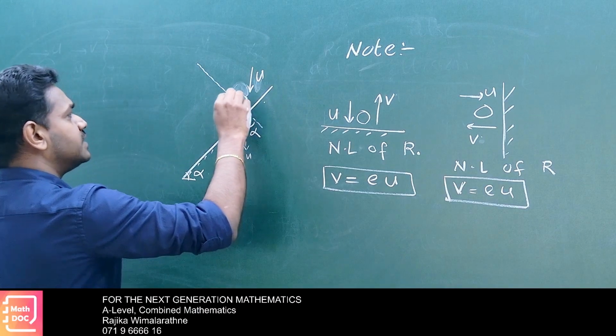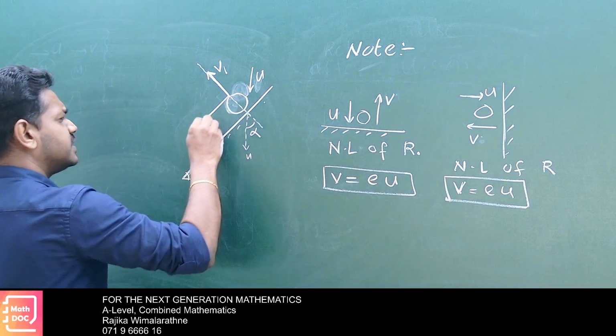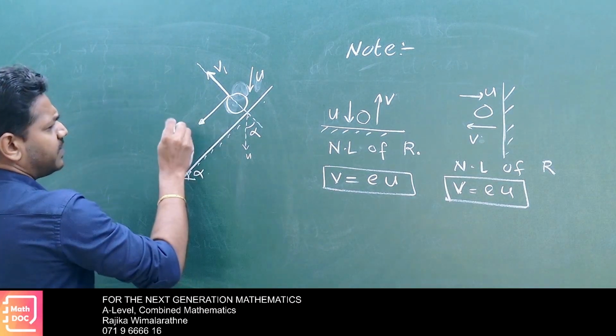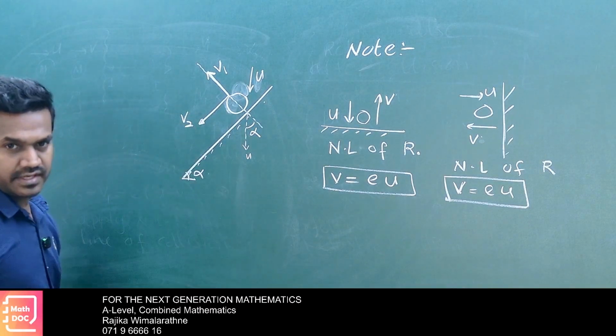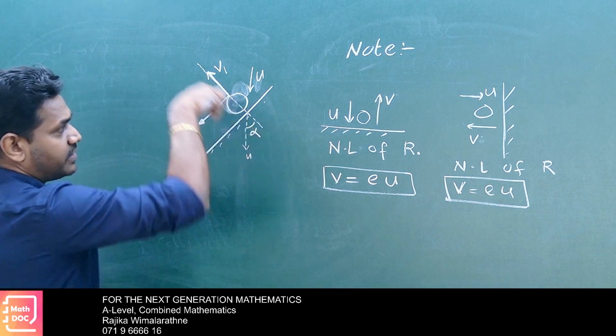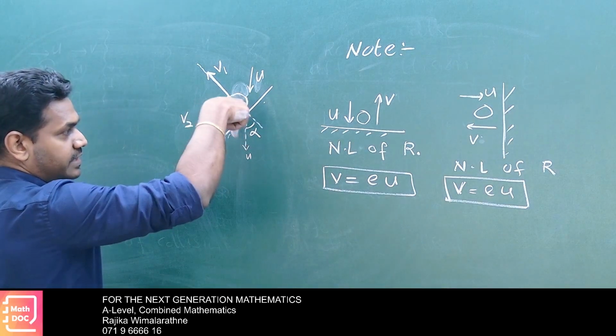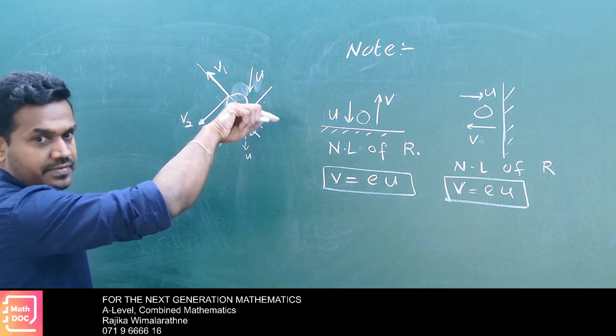After collision the velocity component perpendicular is v1, and along the plane is v2. Then the collision happens along this line, so v1 is given by the u cos alpha component.